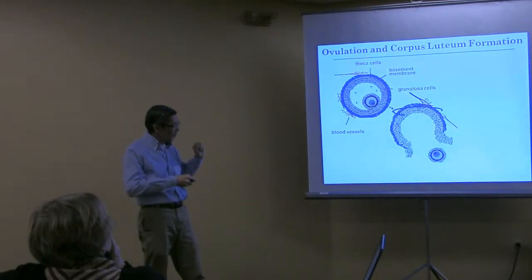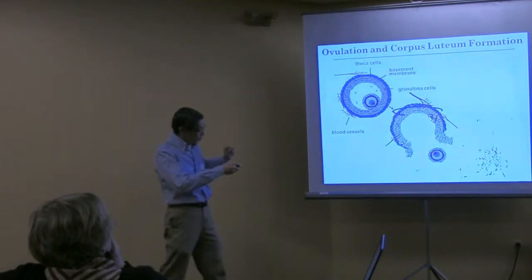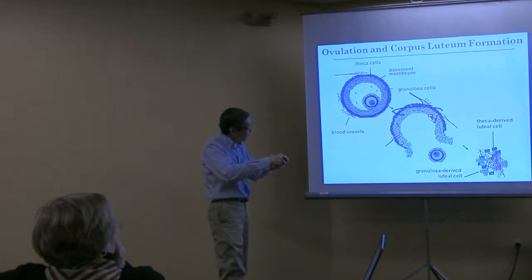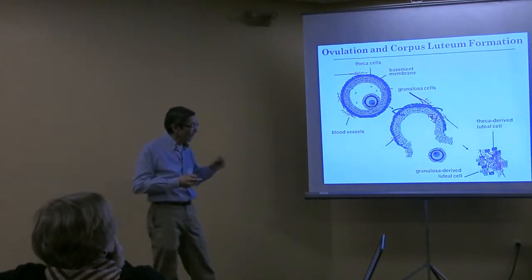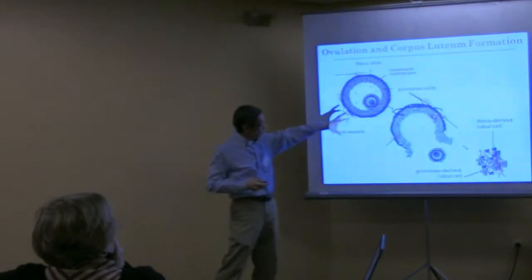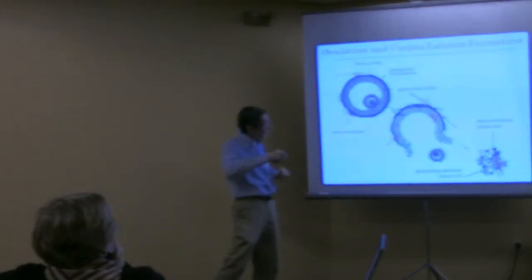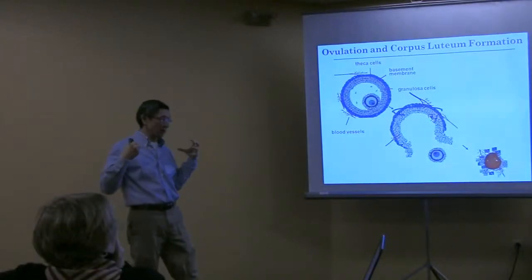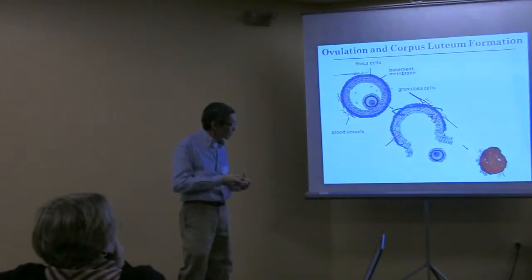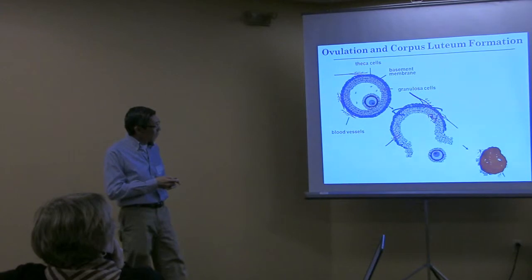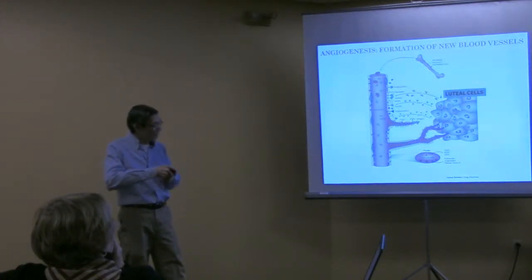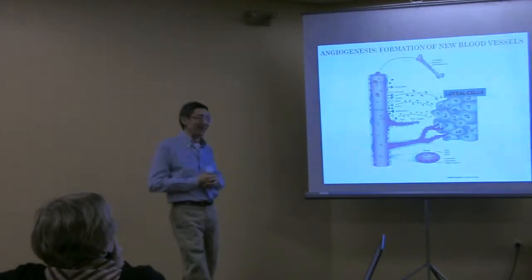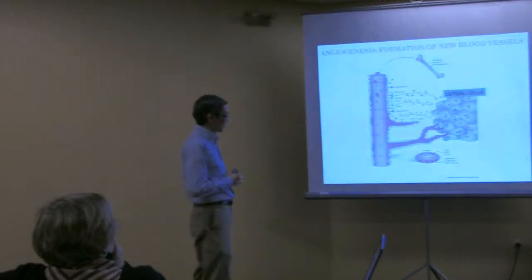You're going to now have new blood vessels sprouting from these parent ones, and then if you recall, this whole thing collapses on itself, and then it becomes the corpus luteum, this very vascular tissue. So we took the idea from tumors, and now you see how I replaced it with luteal cells, or cells of the corpus luteum.